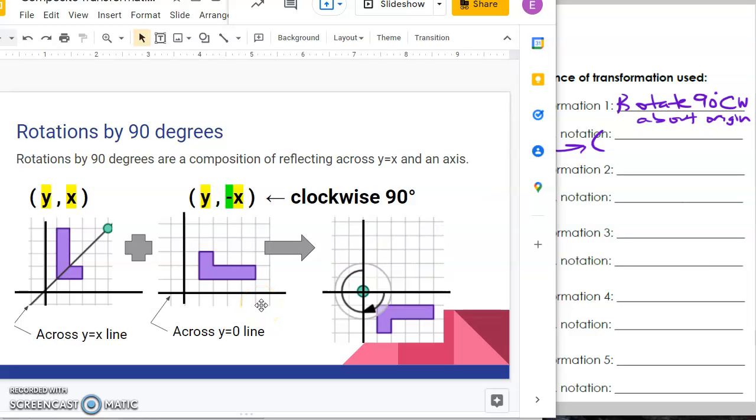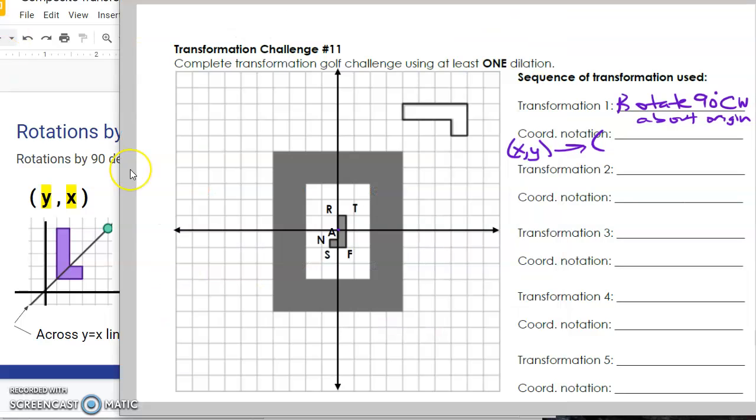If I wanted to go clockwise 90 degrees, that is y, negative x. So I come over here and write y, negative x. Now, here's the thing. When I go to the next coordinate notation, I'm going to start with y comma negative x and go to the next transformation where these will be my input.